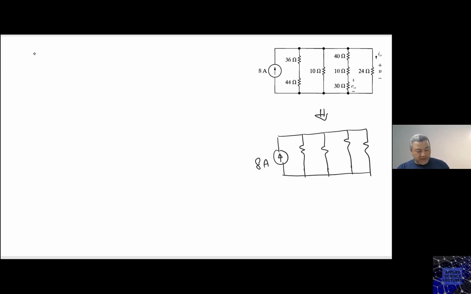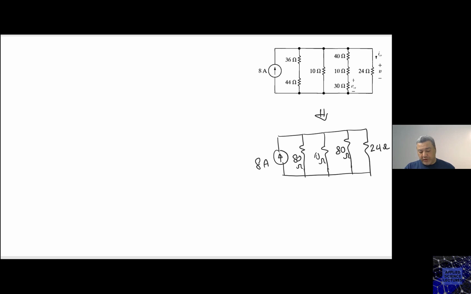So the first one is 36 plus 44, is 80. Second one is 10. Third one is also 80. Last one is 24. Now all those are ohms, right? Ohm, ohm, ohm, and ohm.